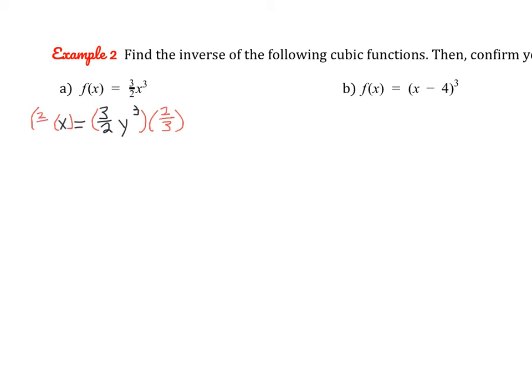And we end up with 2 over 3 x equals y cubed. And then to get rid of that cube, we take the cube root of both sides. So it's going to be the cube root of 2/3 x equals y, and then that is our inverse function.